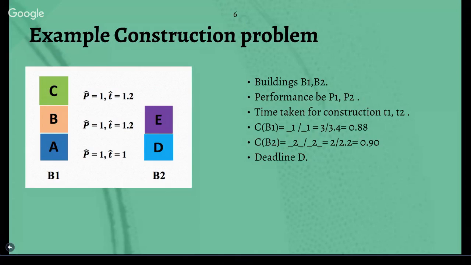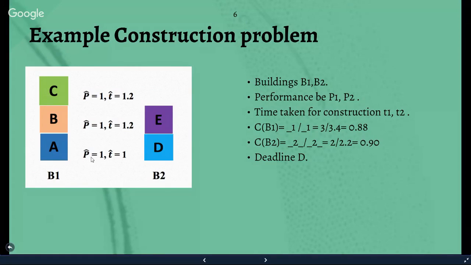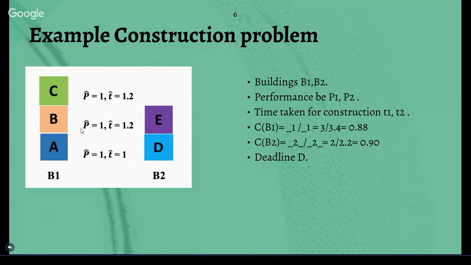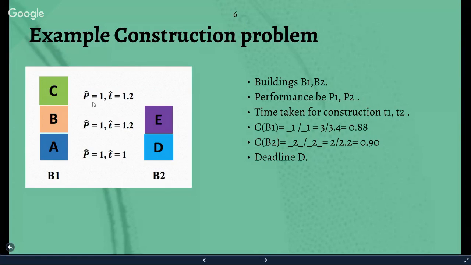To be more clear, to place the block A, the score it would achieve is 1 here, and the time taken to put the block would be 1. For the block E, the score would be 1 and the time taken would be 1.2, and it is the same for the other one.